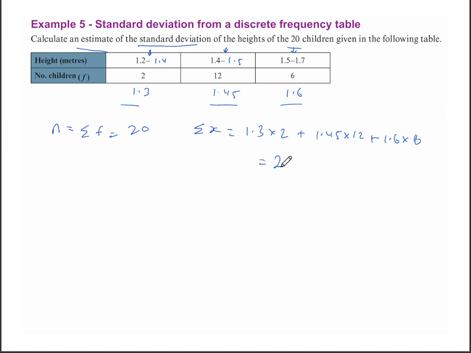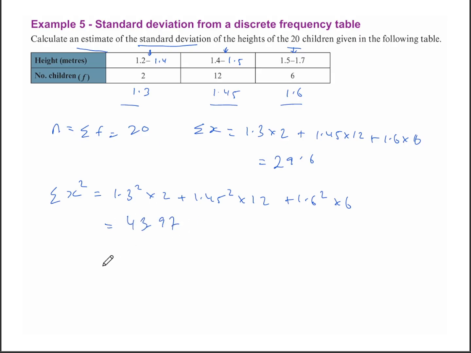What this gives us is 29.6. Then we need the sum of the squared data points, which is 1.3 squared times 2, plus 1.45 squared times 12, plus 1.6 squared times 6, which will equal 43.97.